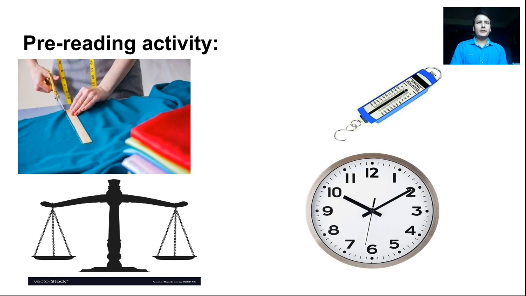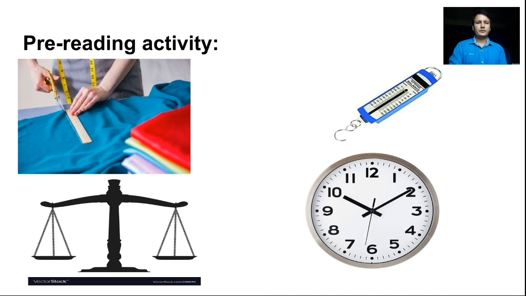Before starting the lesson, let's go through the pre-reading activity. Here you can see some pictures of measuring devices. Let's discuss these pictures. I think you all have seen these devices.